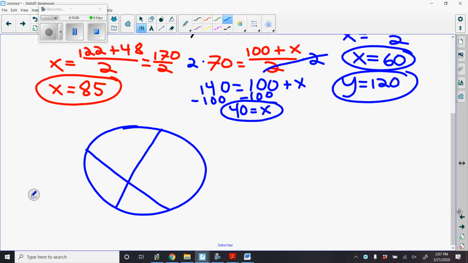So let's say that this is 55 degrees, and let's say this is 90 degrees down here.